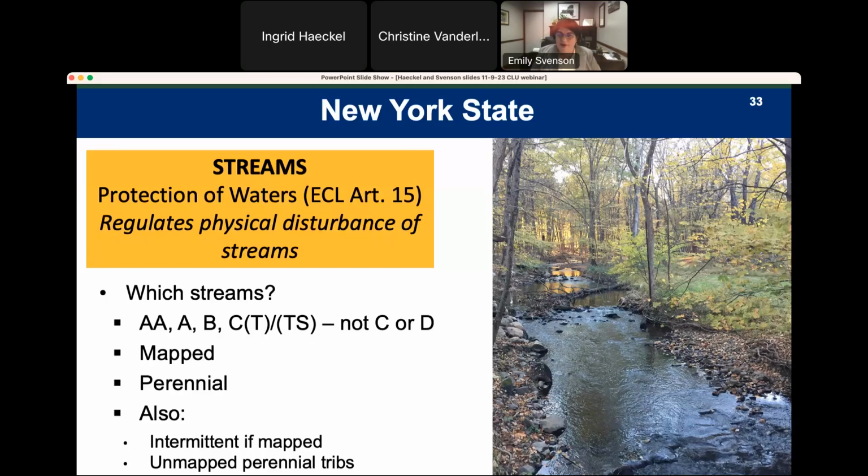For the most part, these are perennial streams, meaning they flow year round. There are occasionally intermittent streams that are mapped and classified, and then those would also be regulated. But for the most part, they're the perennial year-round flowing streams. And if you come across a stream that is unmapped, if it is a perennial year-round stream, then it will be regulated, even though it's not mapped, and it will take the classification of the stream it flows into.